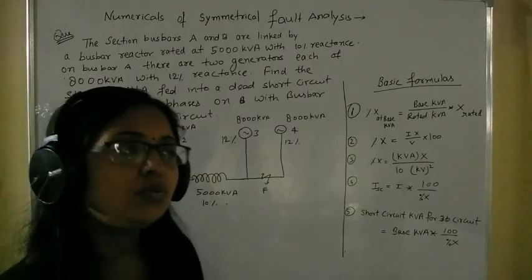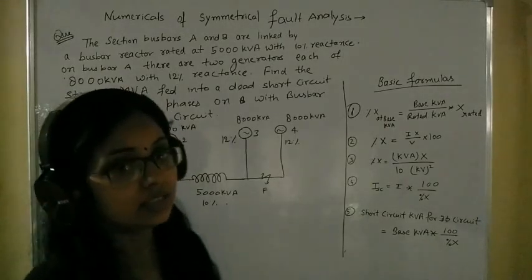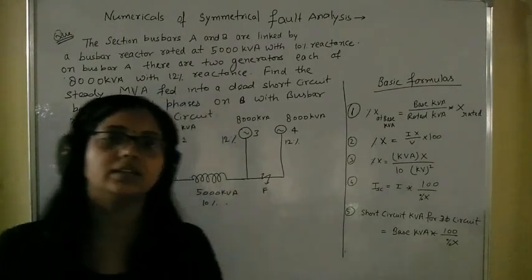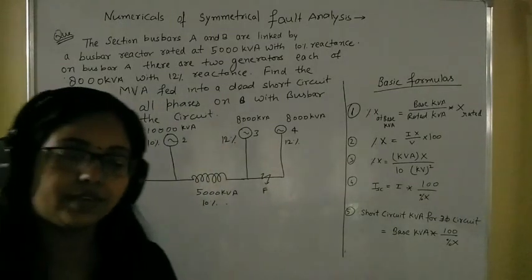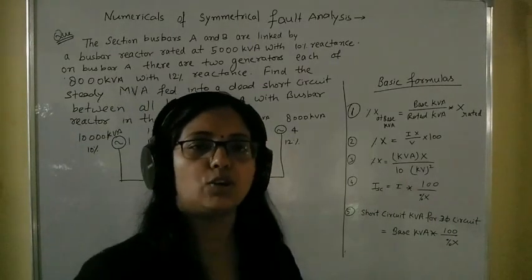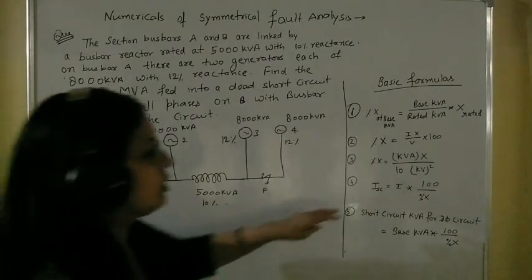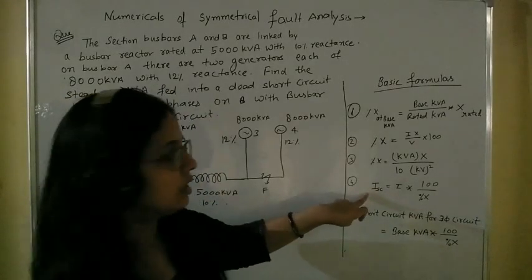So we have to know what short circuit current that equipment can sustain, so that we can connect that rating of the equipment to the power system. That's why we always calculate short circuit current.